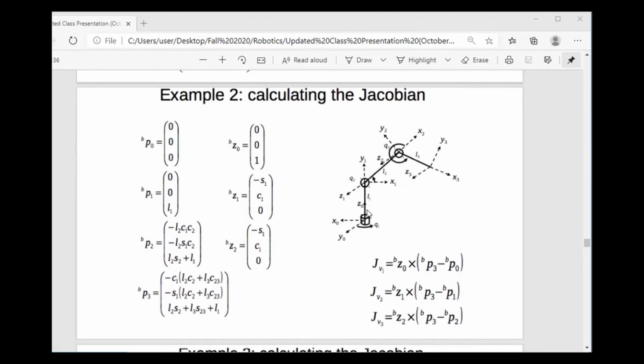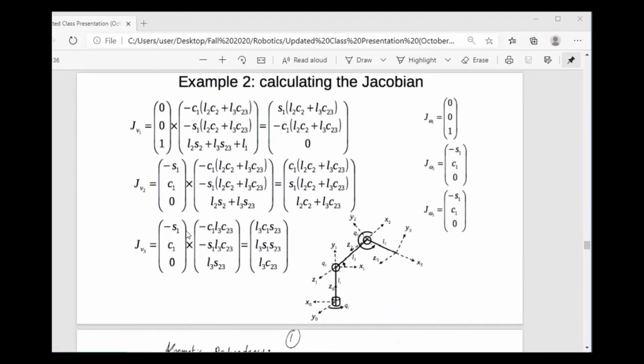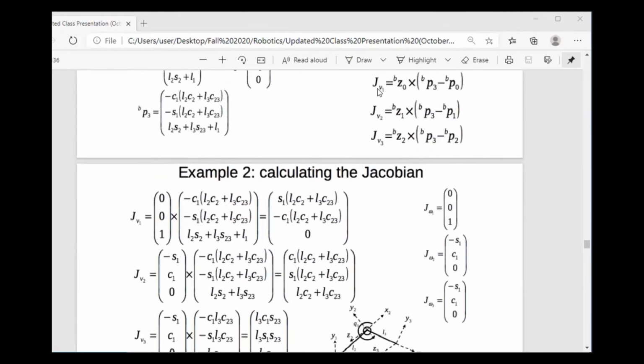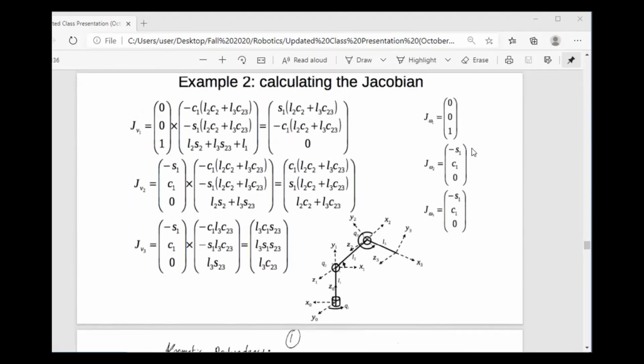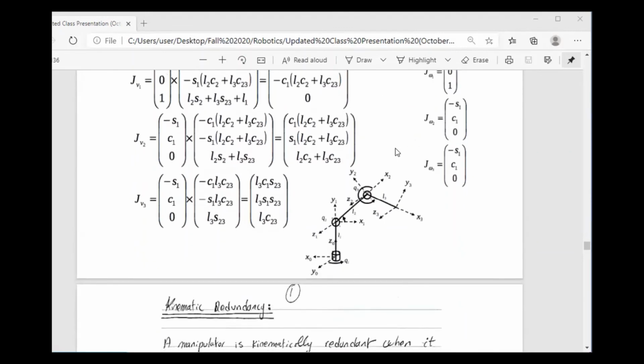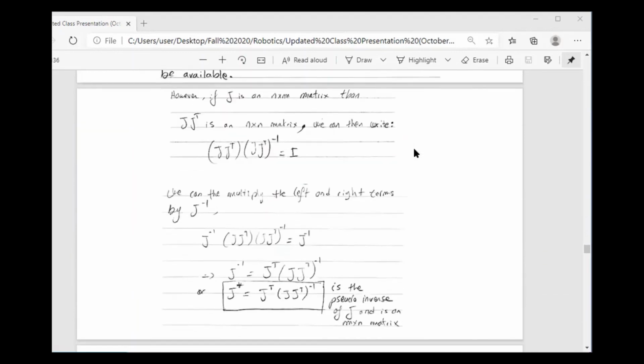I think that is very powerful. So here, just applying these equations that we have, we can obtain the Jacobian using the graphical method. So that is pretty much it regarding the Jacobians.